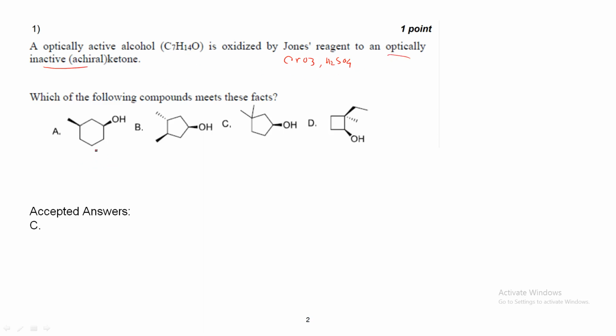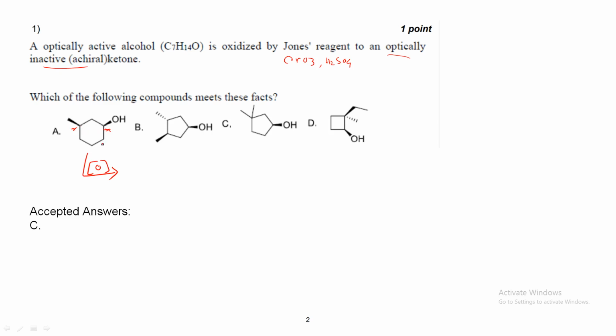So let's look at the options. For the first case, if we do oxidation, one thing to notice here, we have two chiral centers. So this molecule is chiral because it contains two chiral centers, and it becomes achiral when no chiral center is present in the molecule.